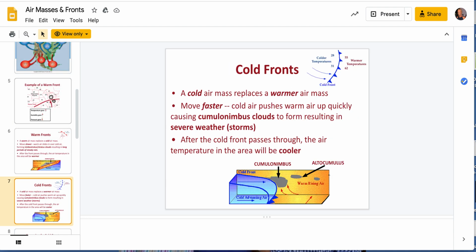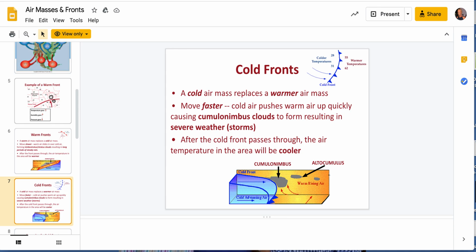Okay, cold front. This is when cold air replaces that warm air. And these move faster. This cold air can push that warm air up quickly, and that causes those cumulonimbus clouds. Remember, cumulus are the big puffy clouds, but when those big puffy clouds are stormy, they're called cumulonimbus. And that makes the severe weather.